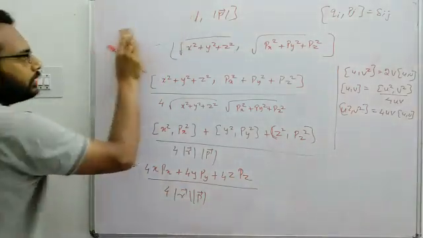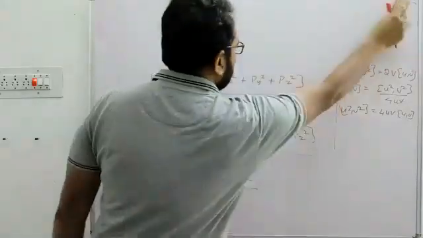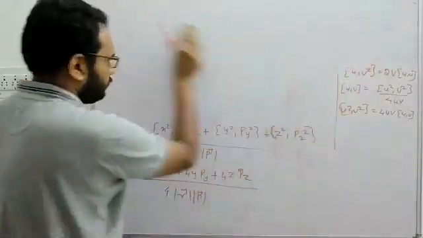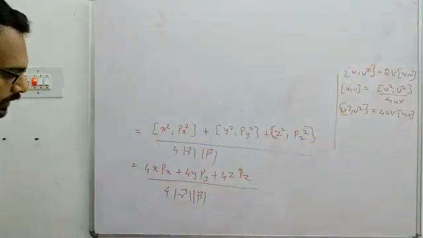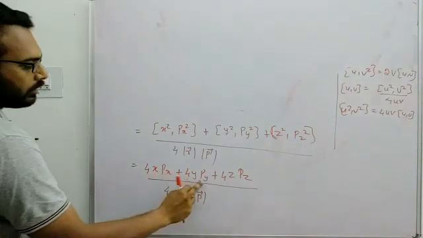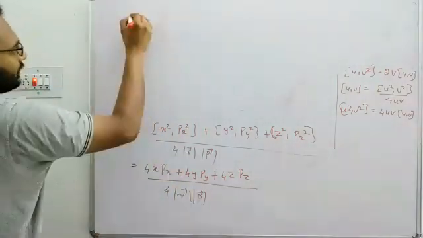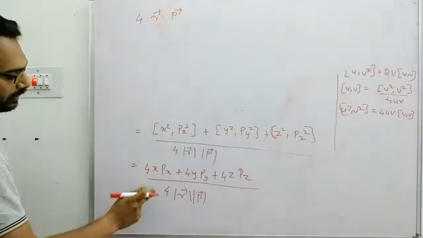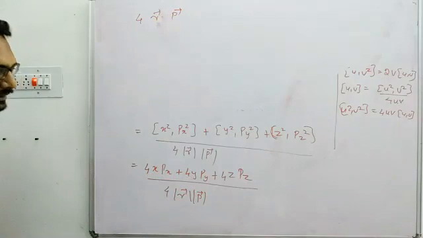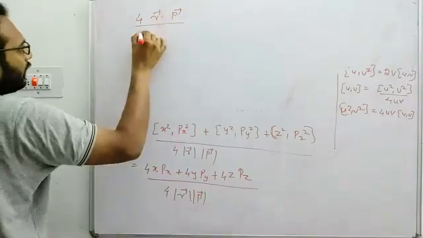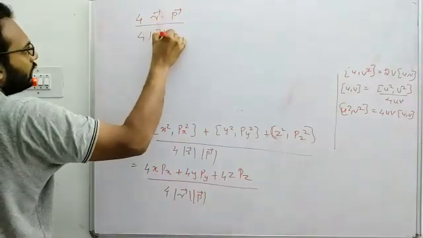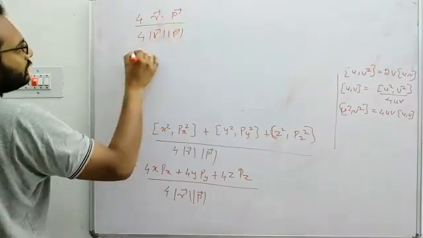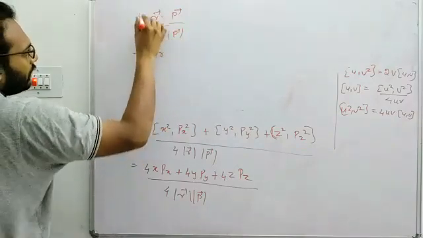Now what do we have here? 4x px plus 4y py plus 4z pz is nothing but 4 r vector dot p vector. The r vector dot p vector is x px plus y py plus z pz, divided by 4 modulus of r modulus of p, and the 4 and 4 get cancelled.